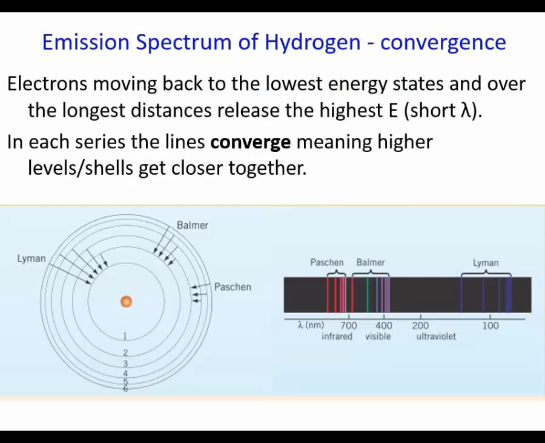As we go back to the emission spectrum of hydrogen, we can see the convergence much clearer here on a much more accurate machine that breaks up the lines. As you can see, the longer it moves, the larger the distance the electron moves, also the more energy it has, so the shorter the wavelength.